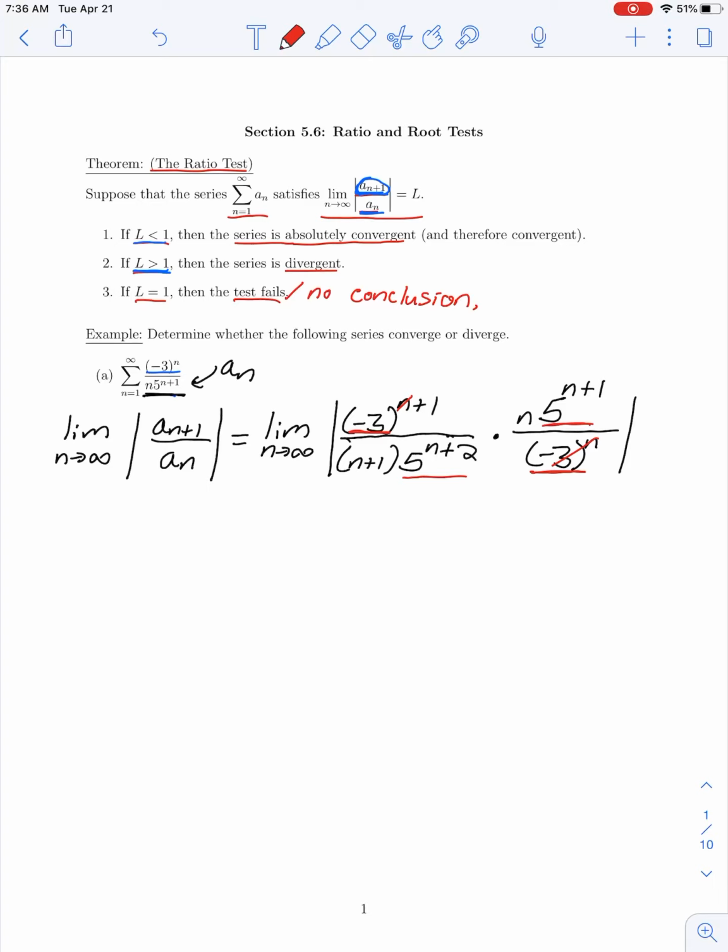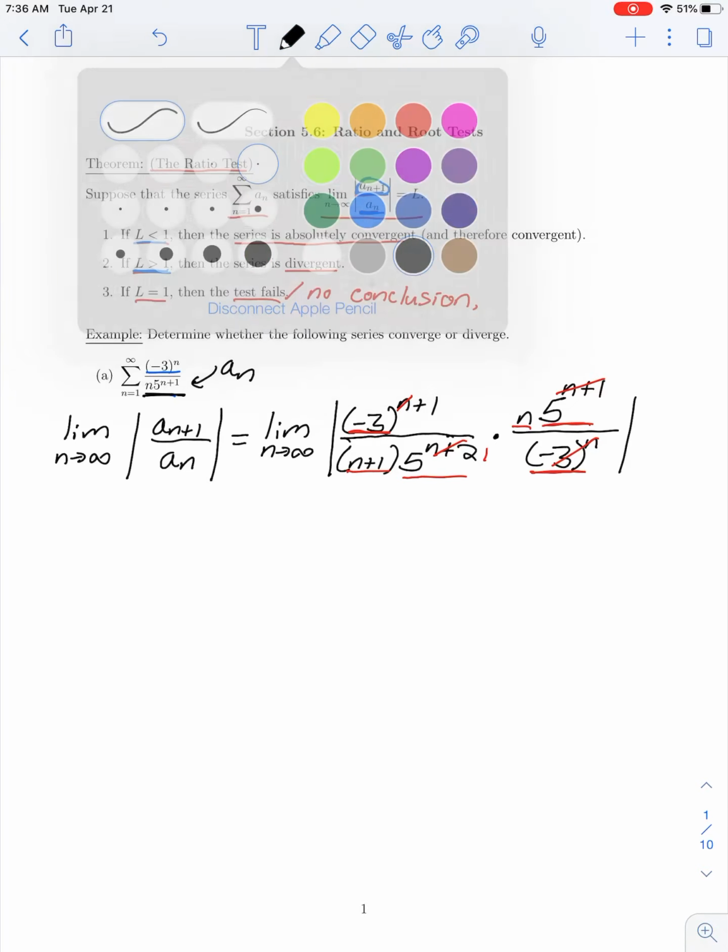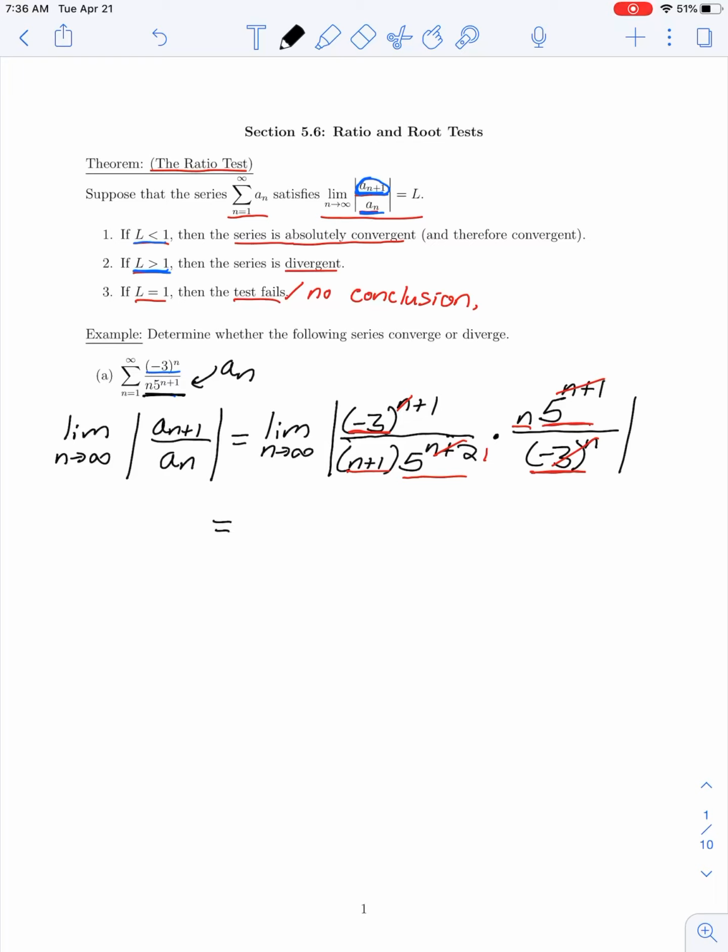So if I cancel n plus 1 factors of 5 on top and bottom, that leaves me with 5 to the first power in my denominator. And then our last terms that we have are n and n plus 1, which don't cancel directly here. So let's write out what we're left with.